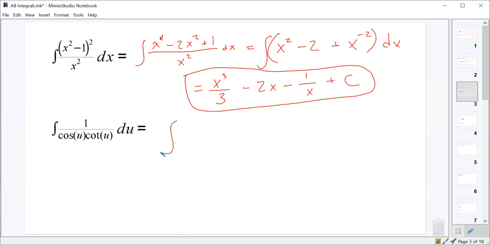We could, yeah. The integral of this, 1 over cosine is just secant. And 1 over cotangent is just tangent. How did that help us out? Oh, I guess it didn't do much. No, it did. No, it helped us out immensely. We're one step from being done.